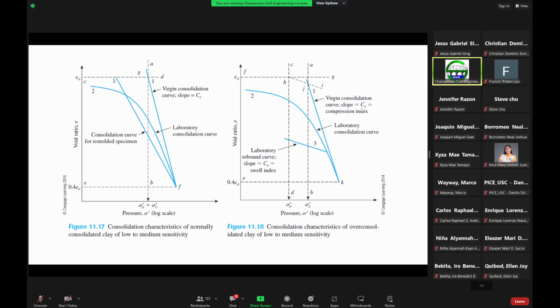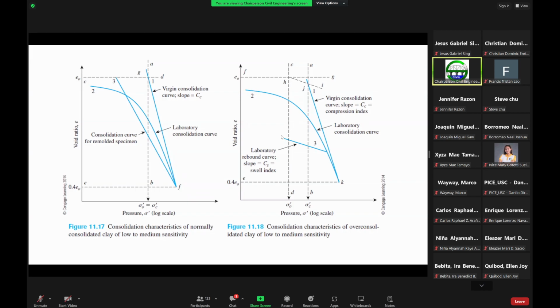But in the case of an over-consolidated clay, you can have a laboratory rebound curve, this one here, where the soil can rebound or expand. The slope of this curve is what we call C sub S, or the swell index.